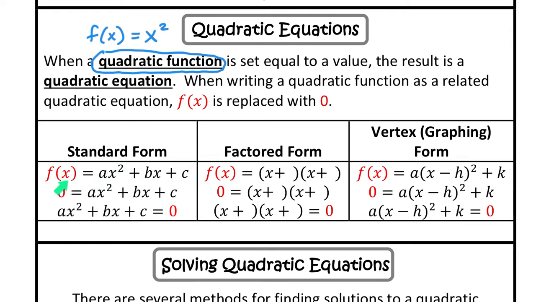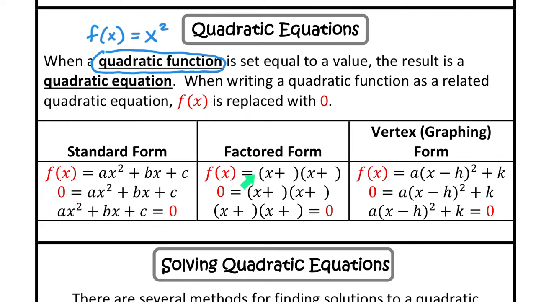But whenever you have a function and you set it equal to 0, or any number, it changes from being called a function to an equation. So a function has this f with parentheses notation. An equation is equal to a number. Most of the time it's 0, but it can be equal to any number.